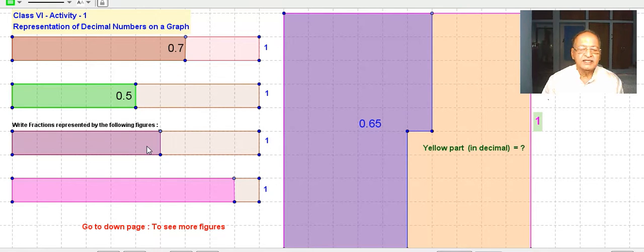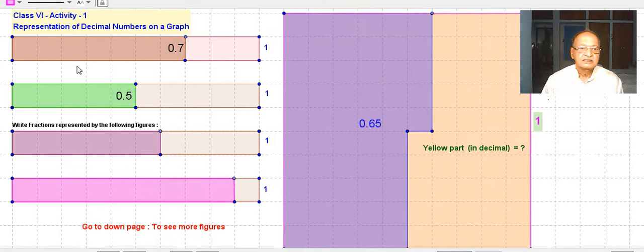So 6 by 10 we can also write. For this we can write 5 out of 10, so 5 by 10. This is 7 small boxes out of 10, so 0.7 can be written as 7 by 10.